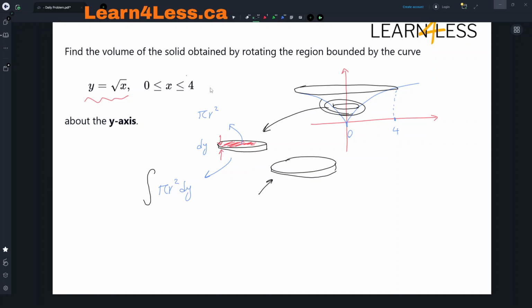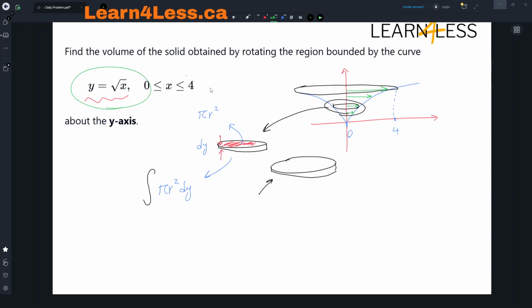The r of this disk is the distance of this function from the y-axis, but at any y value, we have a different radius. The radius is the x coordinate of that point.